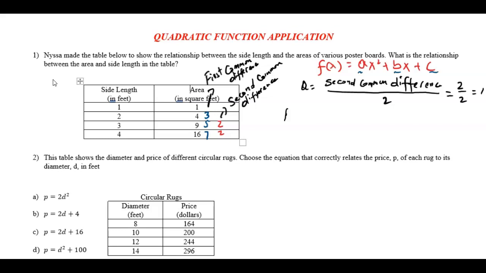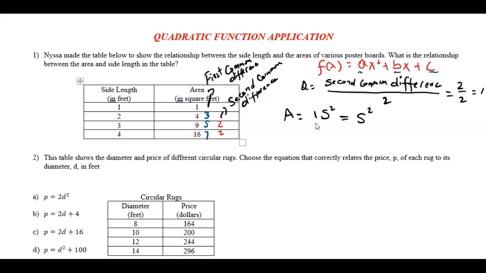We can say the area is equal to 1 s squared. The s stands for x. So I use s for the side length instead of x, and A for the area instead of f of x. 1 s squared is the same thing as s squared. So the area is equal to s squared.